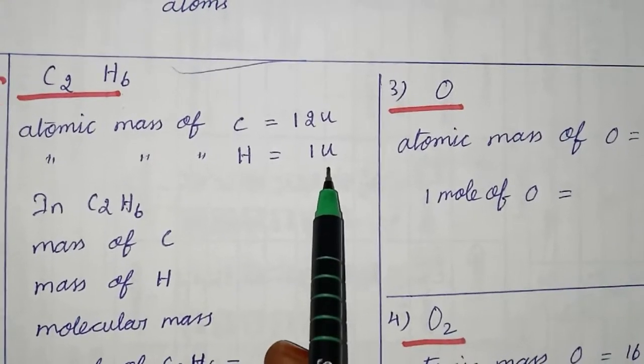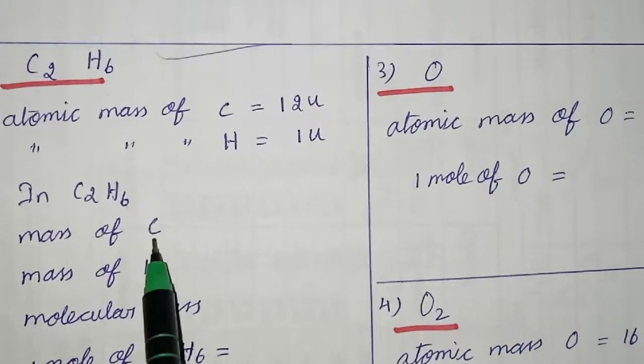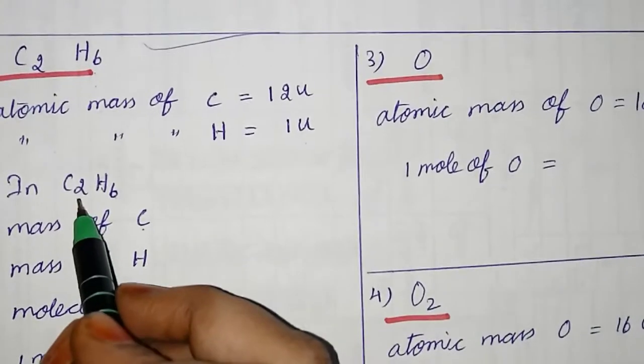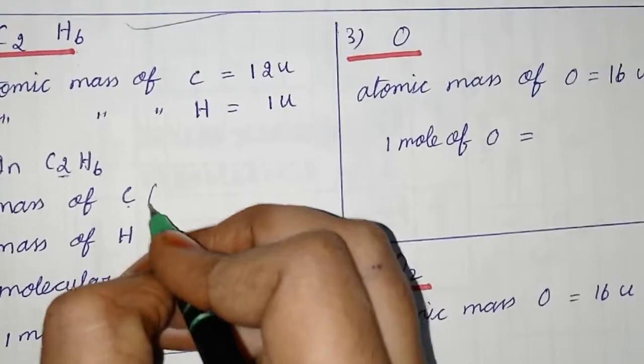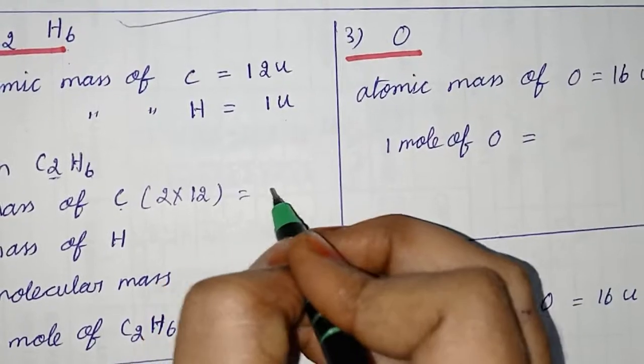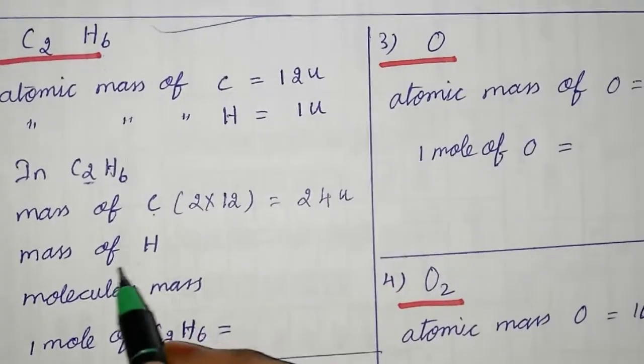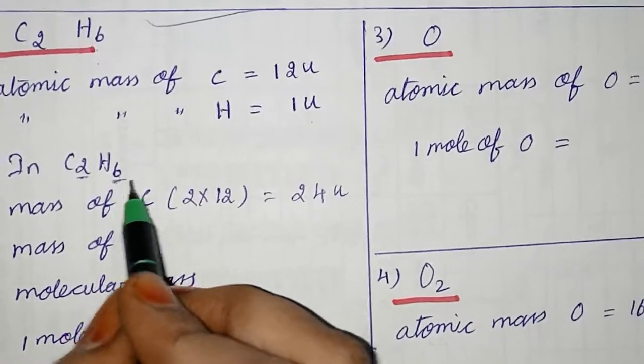We know those values. So in C2H6, the mass of carbon, how many carbons are there? 2 carbon. So 2 into 12, 24U. Like that, mass of hydrogen, here 6 hydrogens are there.